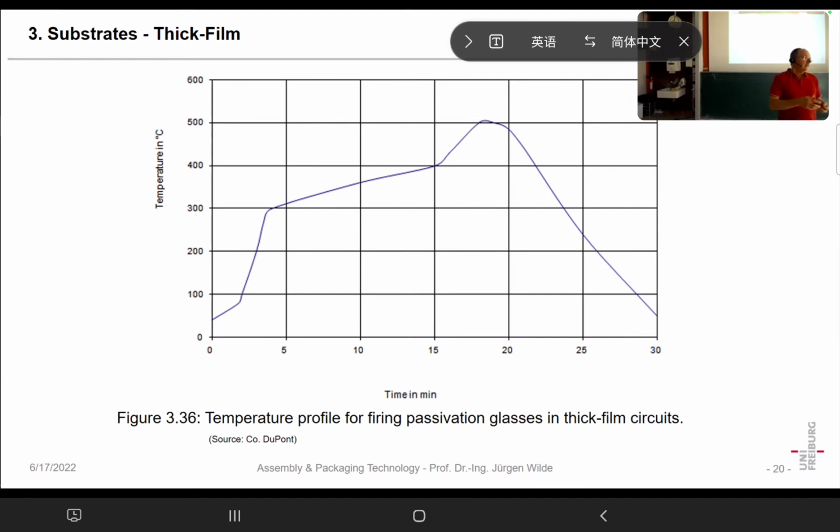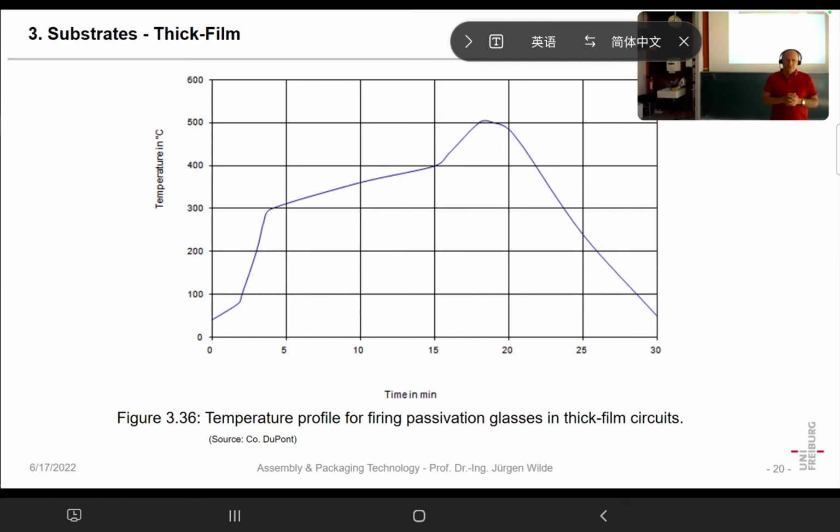And that's one thing, electrical behavior. Second is, do we see defects? Based on such a preliminary development and test phase, such profiles are developed.